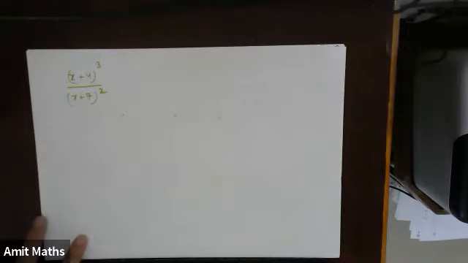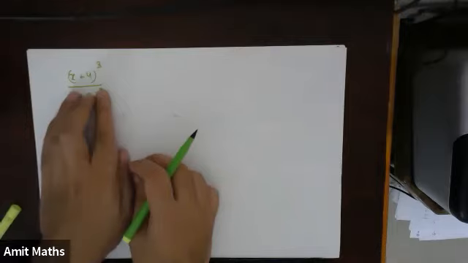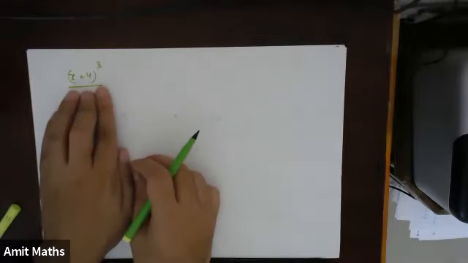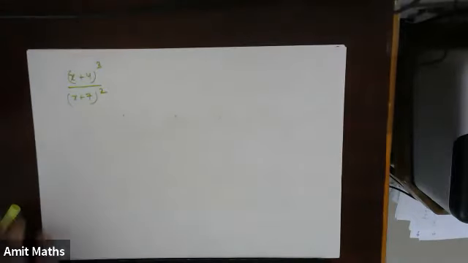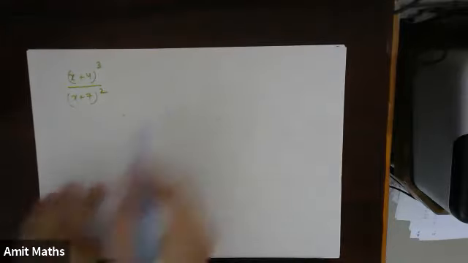I will look at what is happening to x plus 4 to the power 3 and x plus 7 to the power 2 separately. So I will draw first for x plus 4 to the power 3. Now listen to it very carefully.